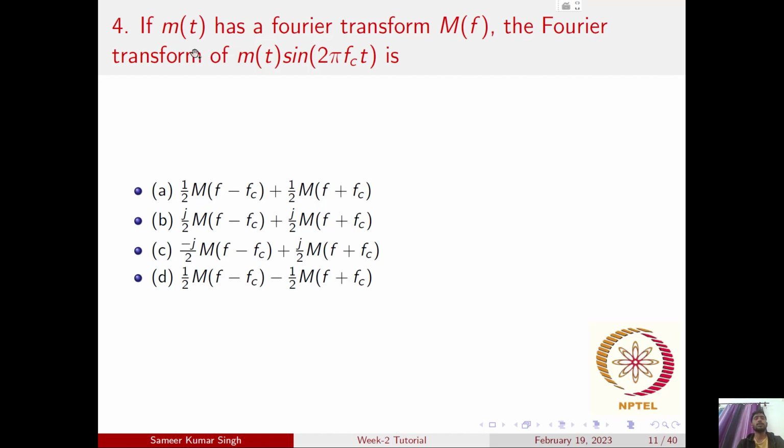Again, I'm repeating this question: if m(t) has a Fourier transform M(f), the Fourier transform of m(t) sine 2 pi fc t is. There we have to calculate the Fourier transform of this term.